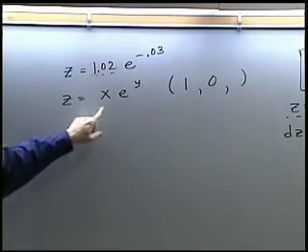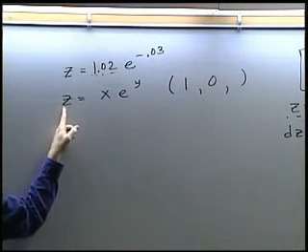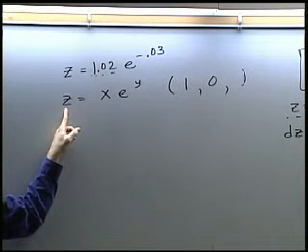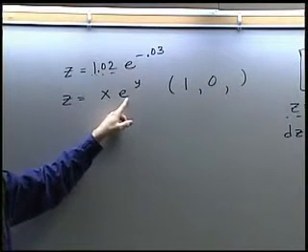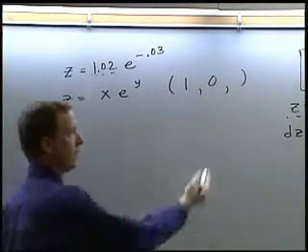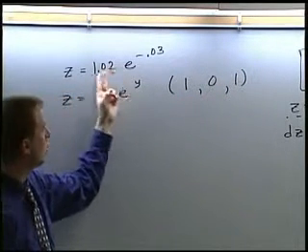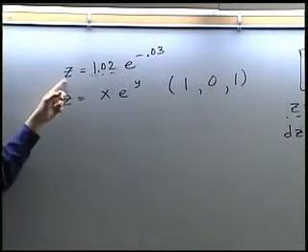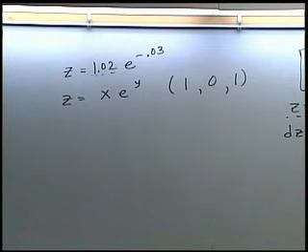And if I let x be 1 and y be 0, what's the value of z? It should be 1, because anything to the 0 power is 1. 1 times 1 is 1. So I'm going to be really close to a z value of 1. If I plug this in my calculator, I'm going to get an answer really close to 1, but it's not going to be exactly 1, so we want to find out how much it's off.